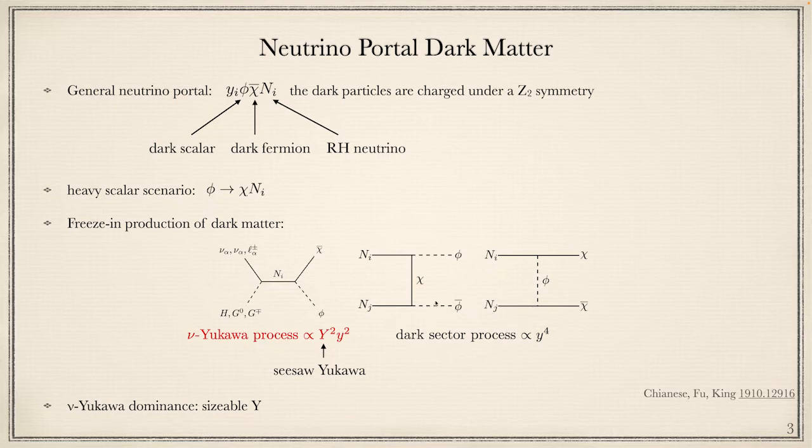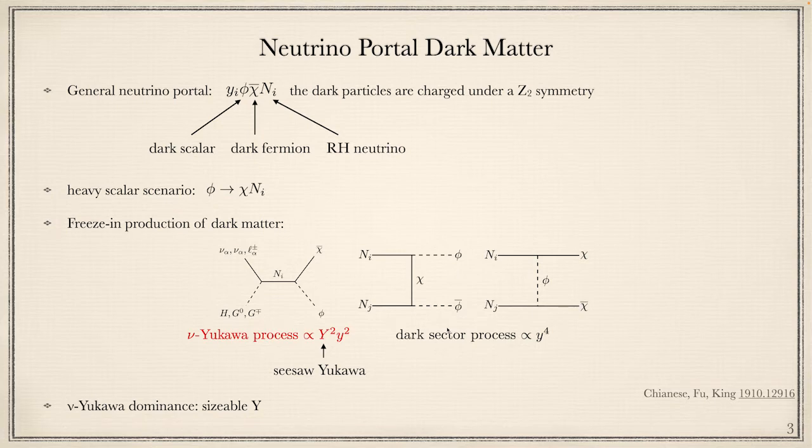The other two processes are the scattering between two right-hand neutrinos into two dark scalars or two dark fermions. The amplitude of these processes is proportional to small y to the power 4, which means it depends completely on the portal coupling.